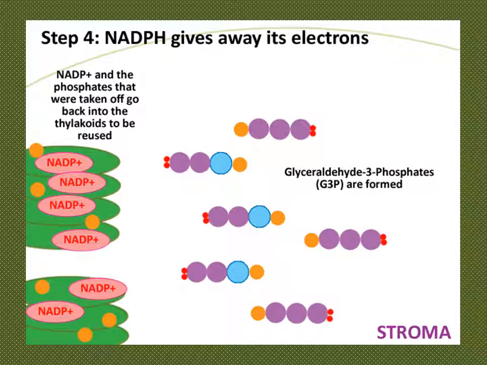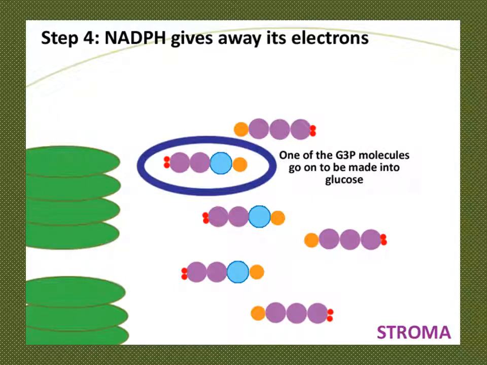That phosphate gets added back onto ADP in there, and it gets reused. When that happens, what you have are G3P molecules. 1, 2, 3 carbons, okay? That's step 4. Step 5, well, still in step 4, sorry.